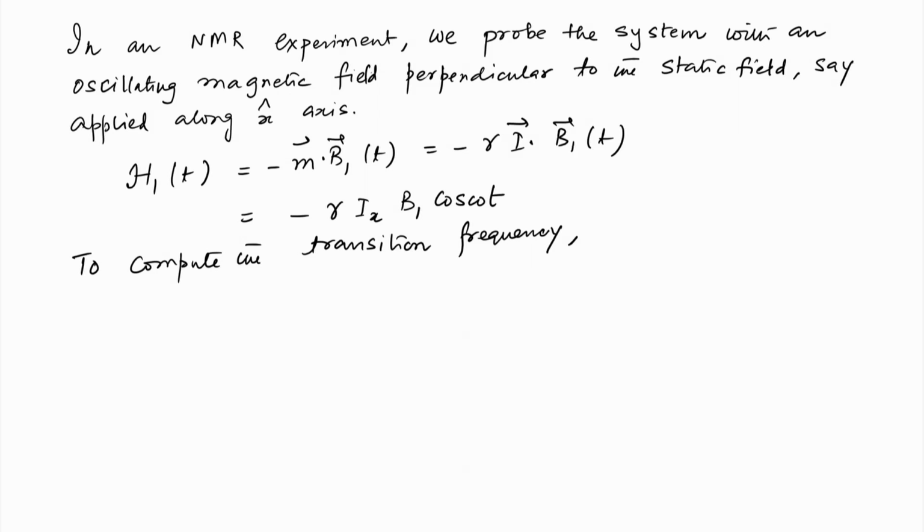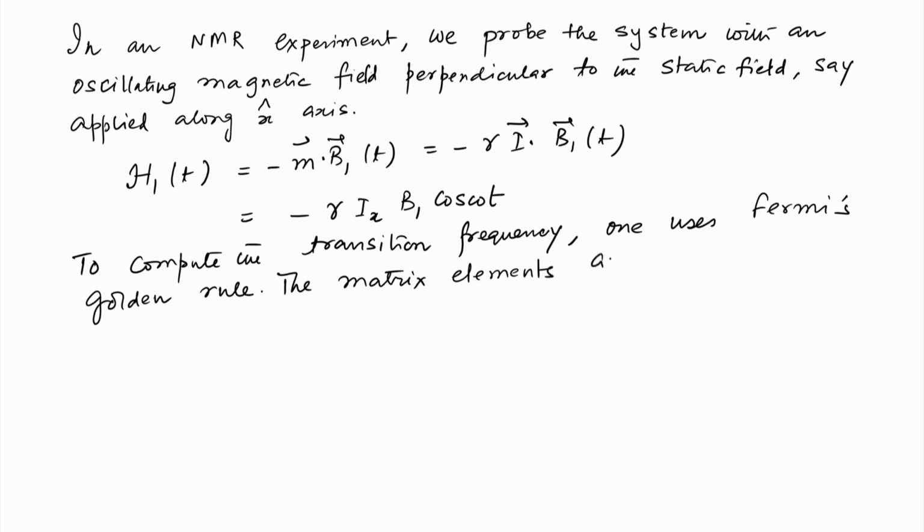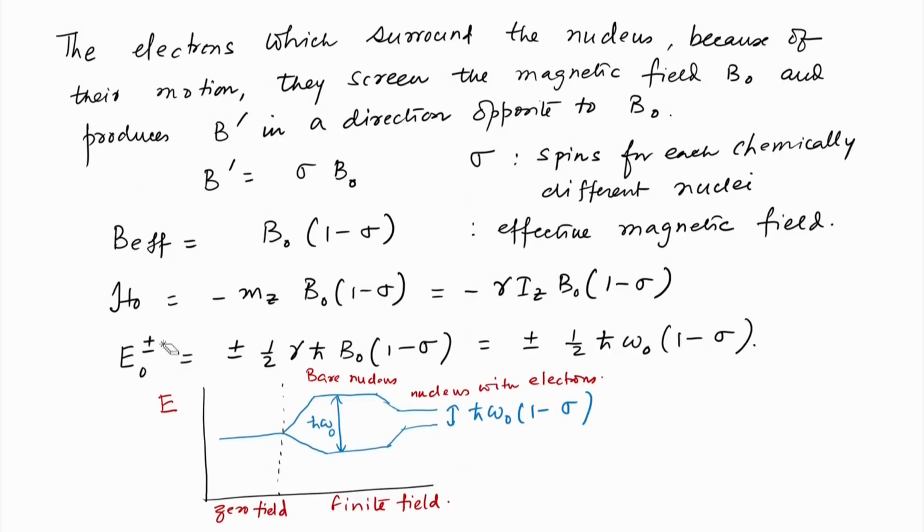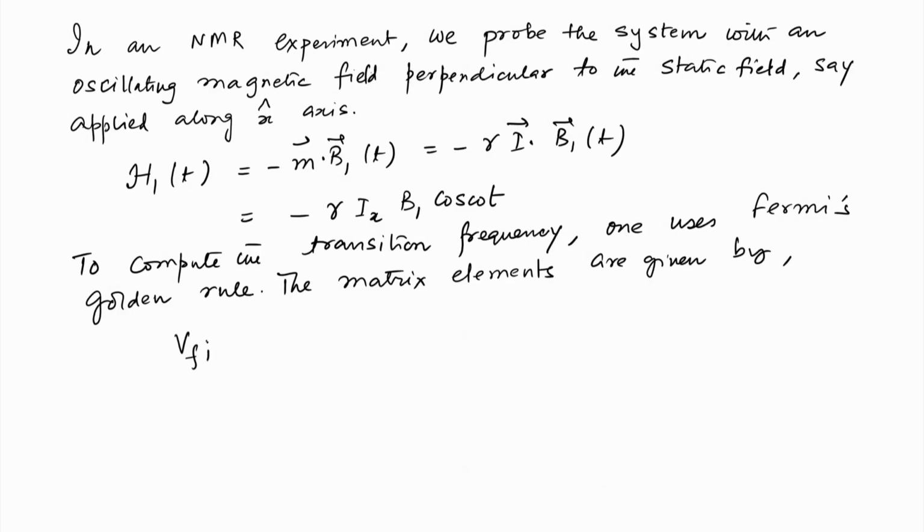Between the accessible states there will be a transition, and we wish to compute the transition frequency between these states, so that one can use Fermi's golden rule, where the matrix elements are given by V f i. f corresponds to a final state and i corresponds to an initial state.